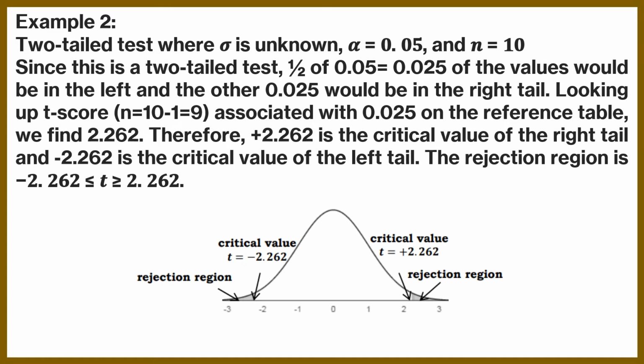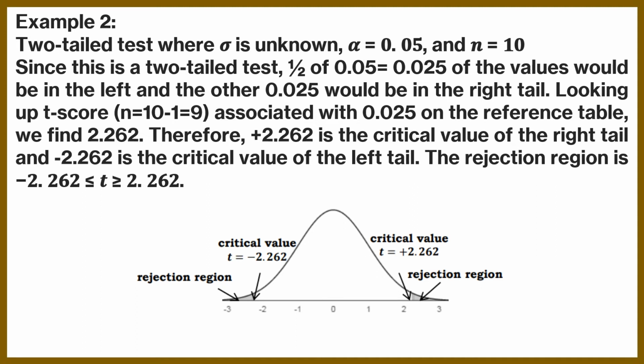Kapag nag-fall tayo sa positive 2.30 yung ating T-score, ang magiging claim natin is we have to reject the null hypothesis and then accept the alternative hypothesis, kasi 2.3 falls into the rejection region.